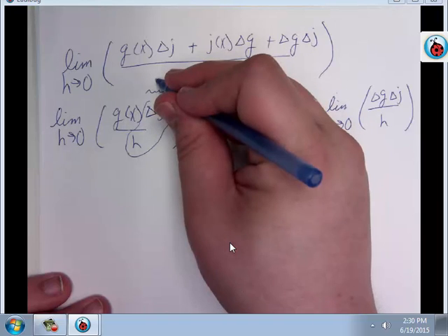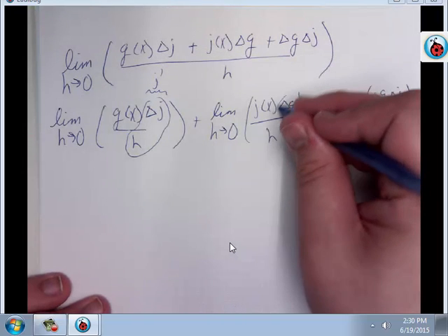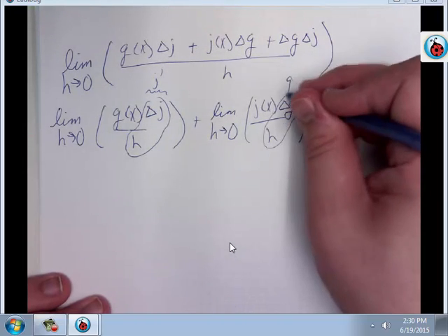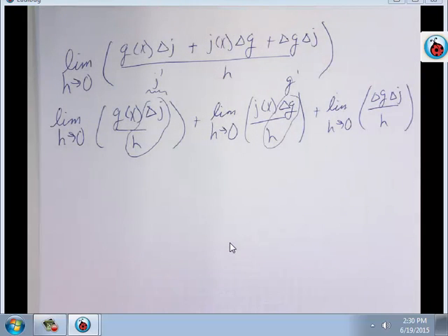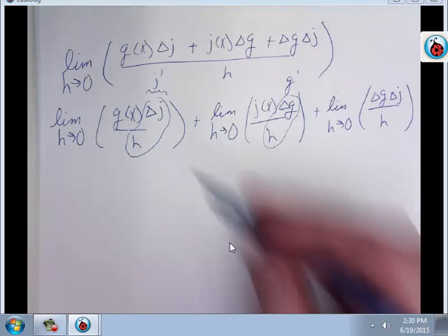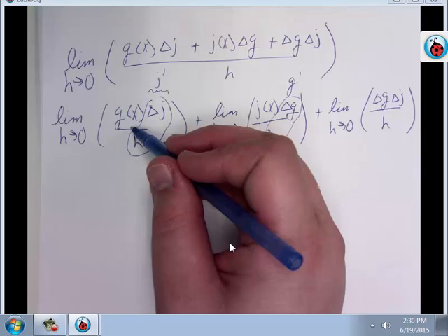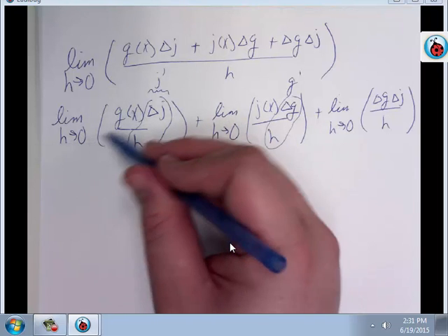This is just j prime, and this is g prime. So what happens? Well, g of x is constant, so when h goes to 0, g of x doesn't change.